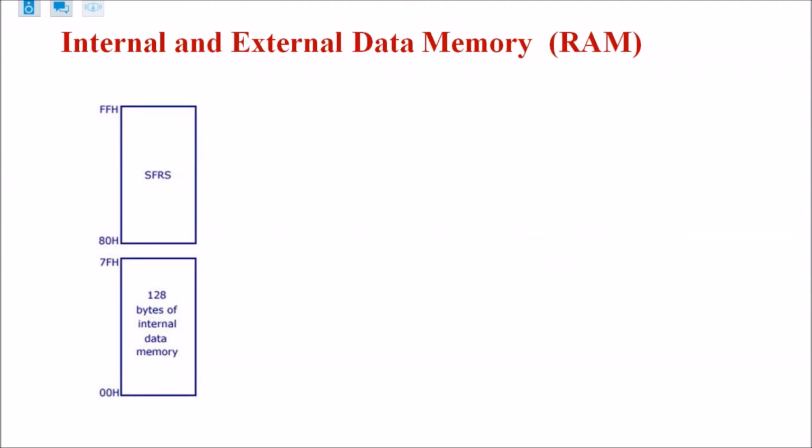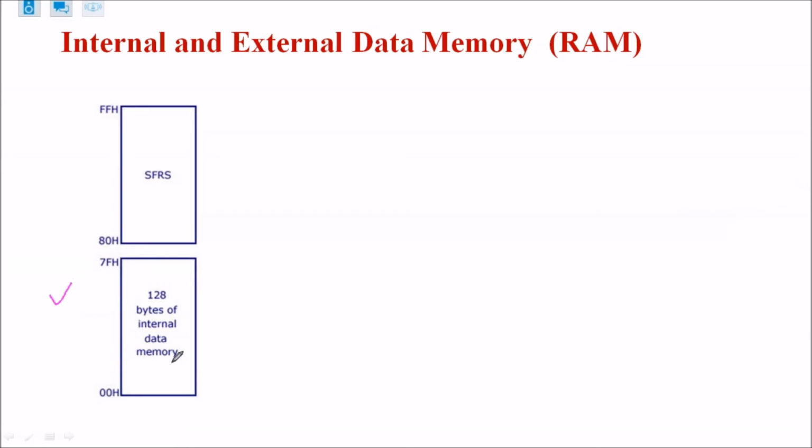But what if my data is greater than 128 bytes? I won't be able to store this data in 128 bytes of memory. In that case, we can interface external memory also. We have an address bus and a data bus. So you can purchase an external RAM memory chip and interface it with your microcontroller. Now how addresses are given for internal and external memory, we are going to see now.